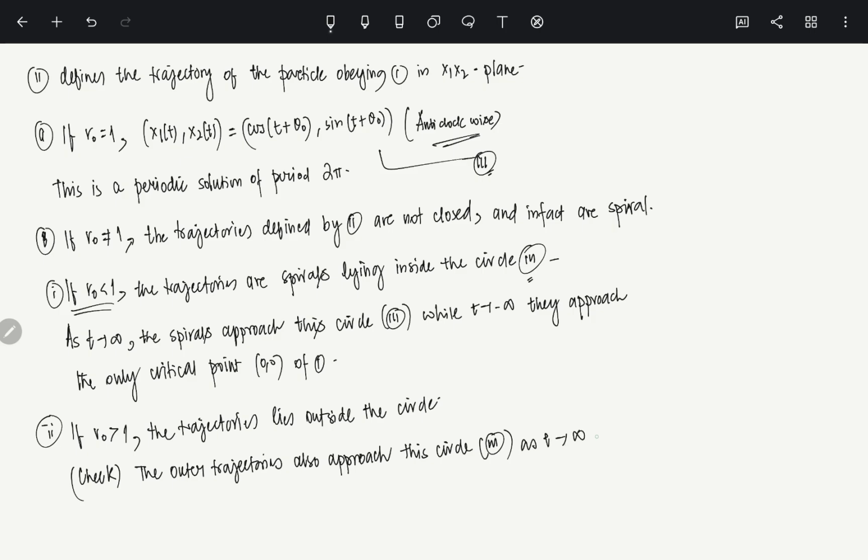While this also you can check: as t tends to half log of 1 minus 1 by r naught square, both x1 and x2 blow up, so basically become infinite.